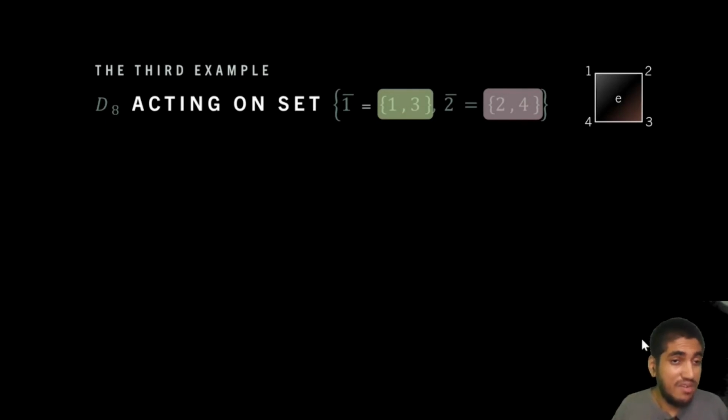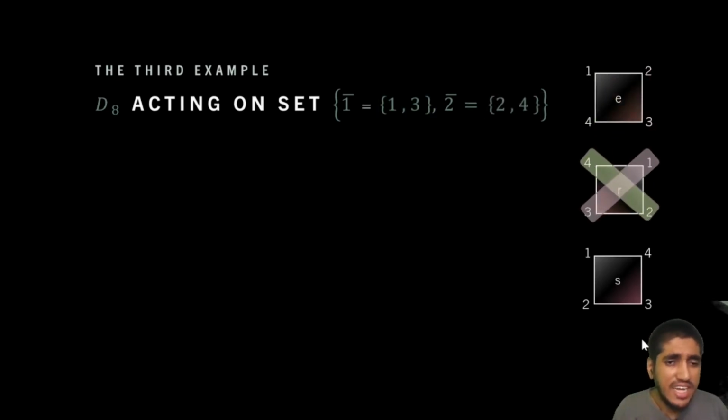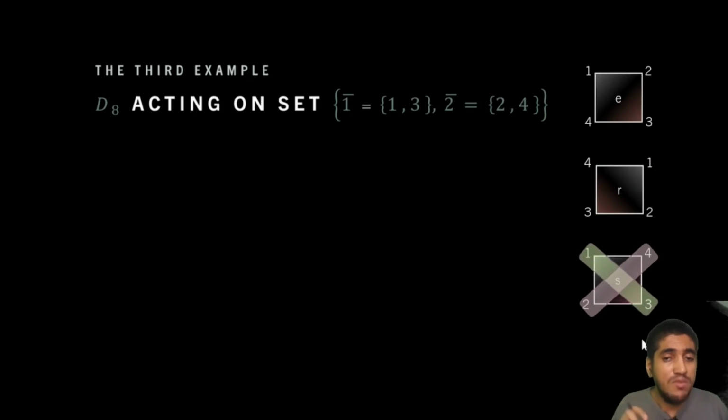The third example. Let's again label the vertices 1, 2, 3 and 4. Consider D8 acting on the set of pairs of vertices 1, 3 and 2, 4. So in this case, we take the opposing vertices like this.